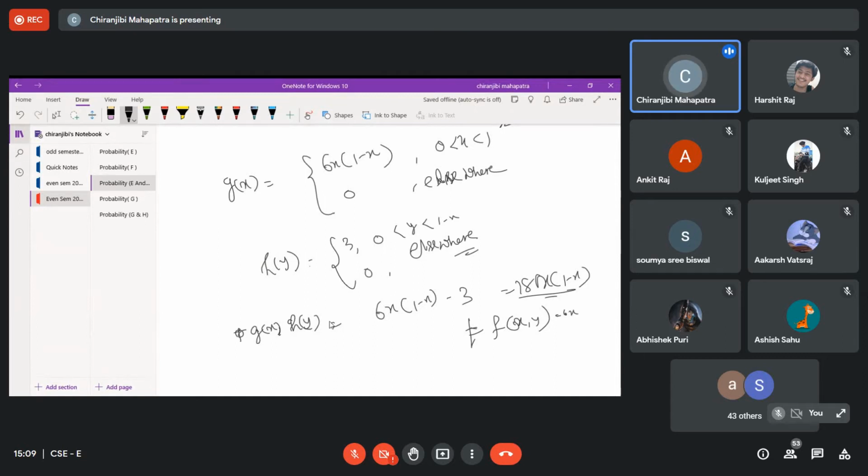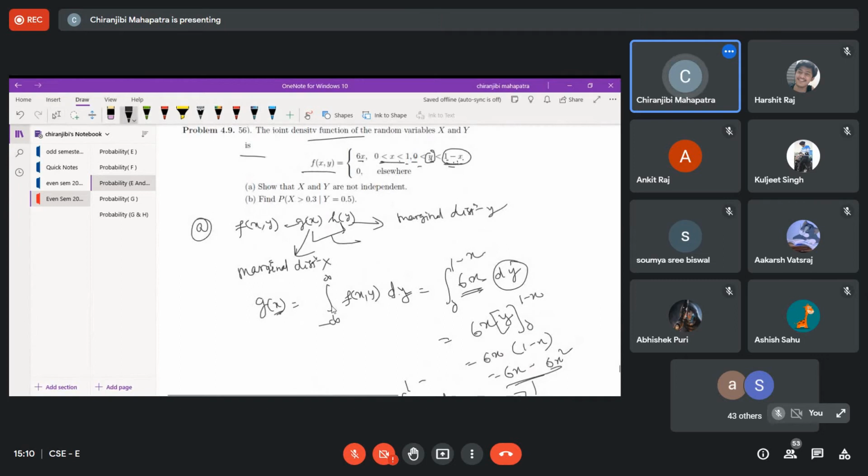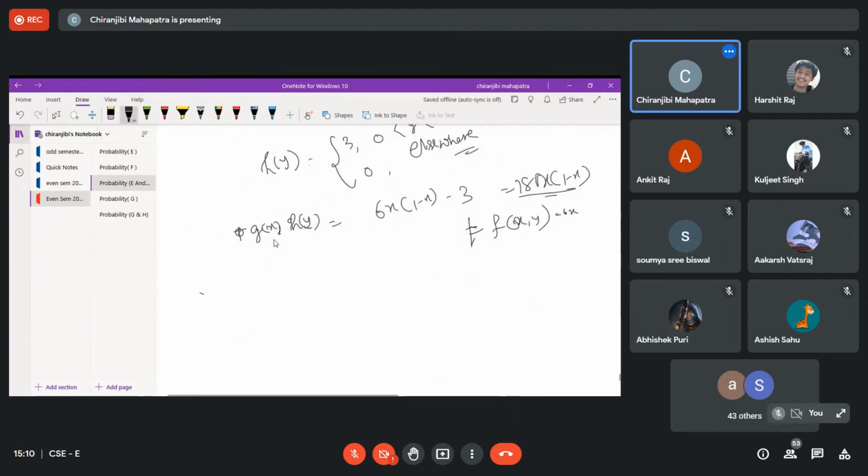So 18x(1 - x) is not equal to 6x. So that's why we can say that obviously x and y are not independent. So x and y are not independent.